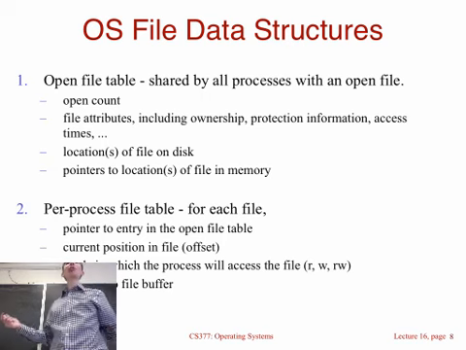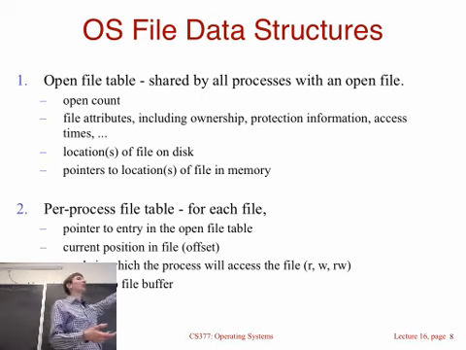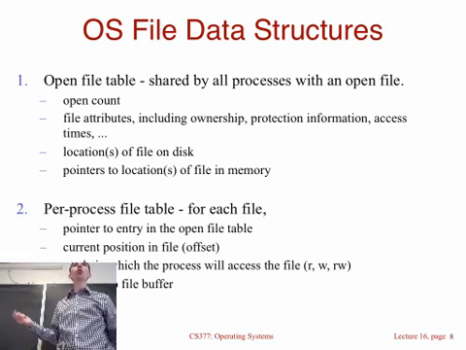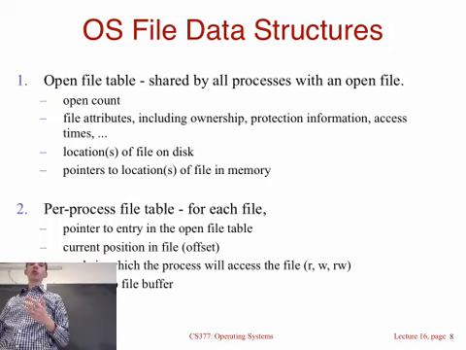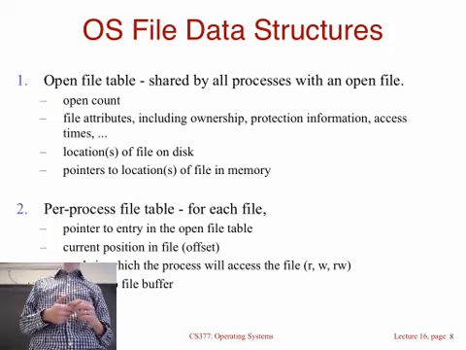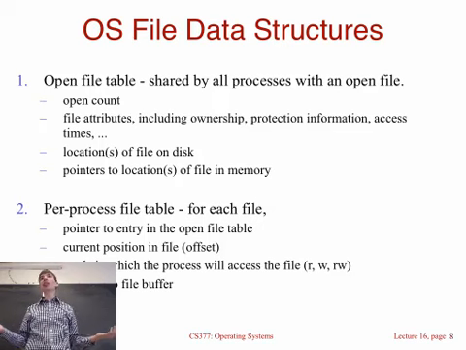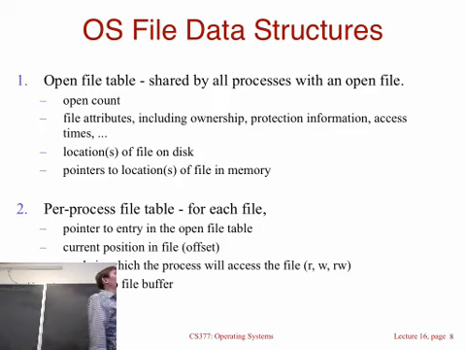So when is it that you actually delete something from the open file table? When is something no longer needed in the table? When no processes have it open. Right, when no processes have it open, because you could have multiple processes all accessing the same file.